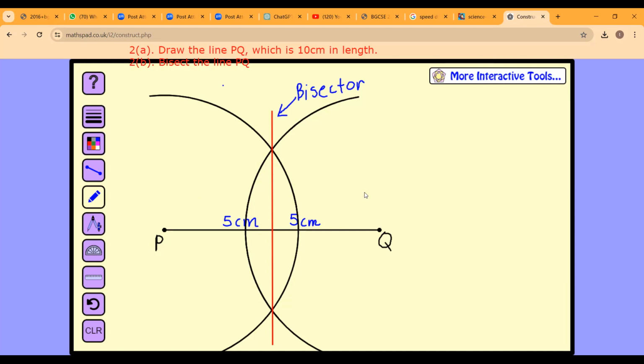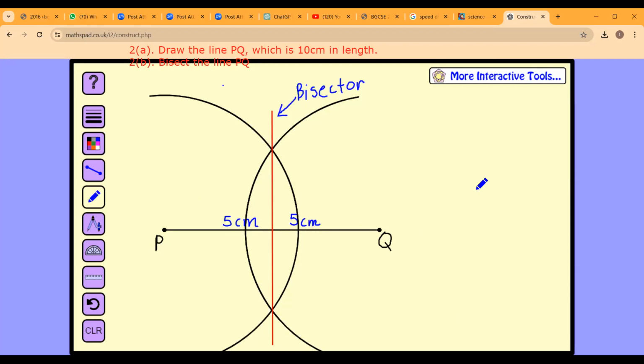Again, once you finish with this, take a picture of it and send it to me via WhatsApp. Before you do that, do you understand how we bisected this line? Let me know if you understand, please. Yes, sir. Tegan, do you understand this? Yes, sir.